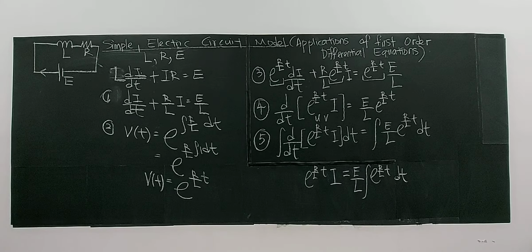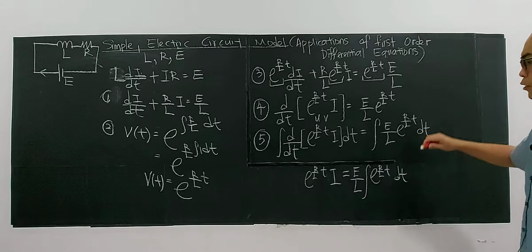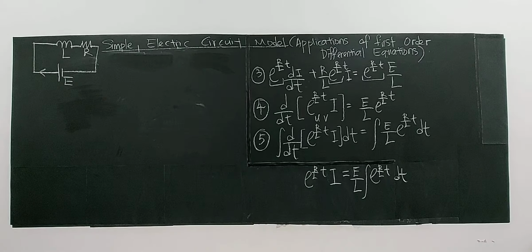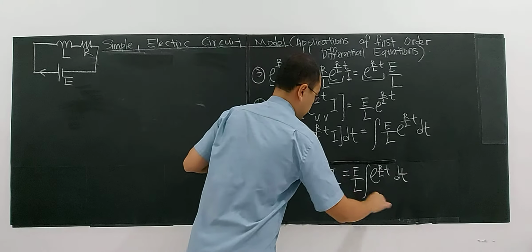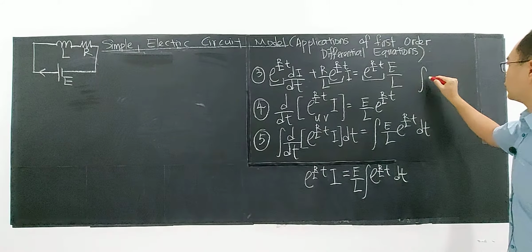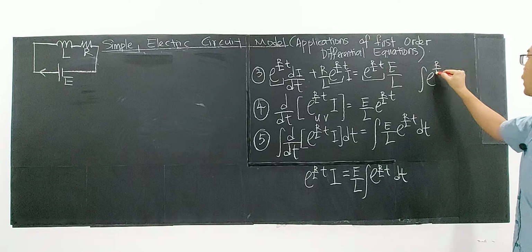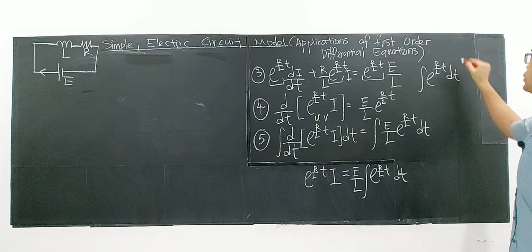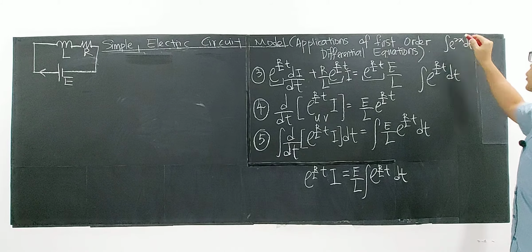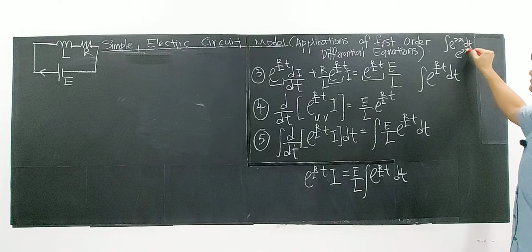So let's sum up everything. Now I want to continue deriving this, so we continue integrating e^(R/L t). It's just like you integrate e^(2x) dt, a constant with t, so you take e^(2x) over 2.